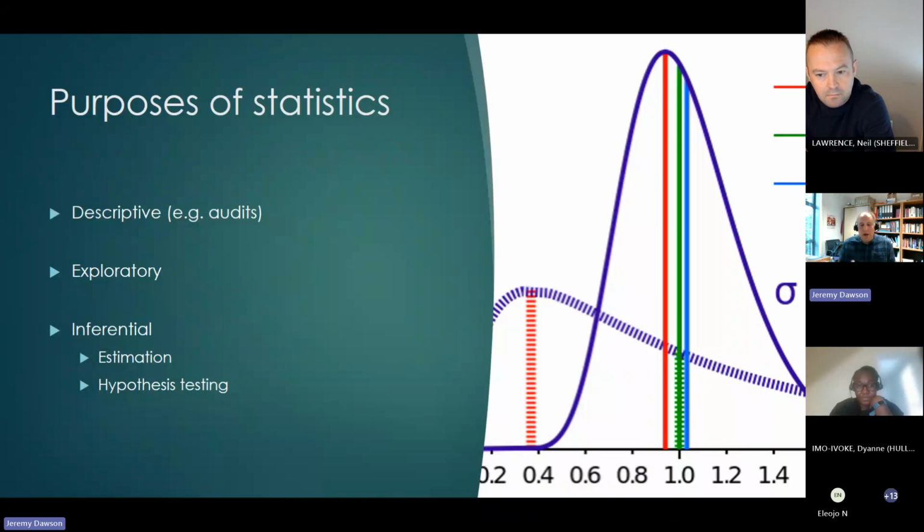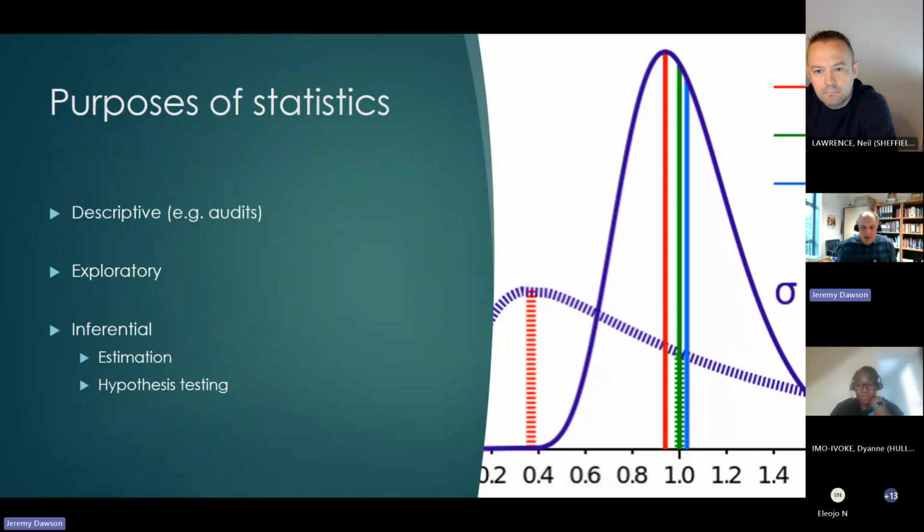So sometimes it might just be estimating something, so using your sample to estimate the prevalence of a disease, or to estimate what the link is between two variables, or what the difference might be between two groups. And by using inferential statistics, what we do is we put some limits on what we can say about that estimation.